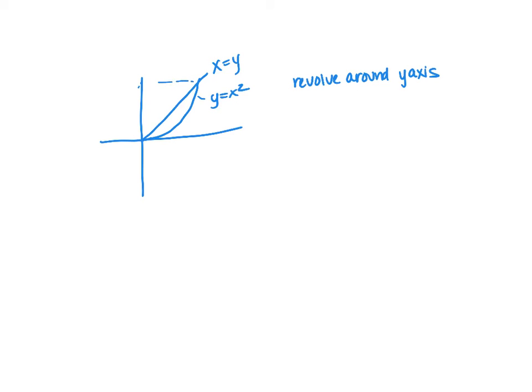Then you're going to have a shape that has a hole in it. This shape would define the outer disk, and then this line would define the inner disk.